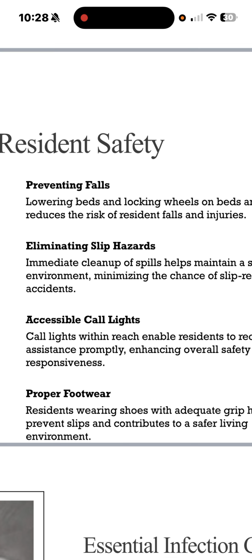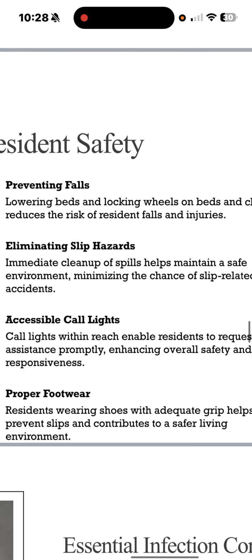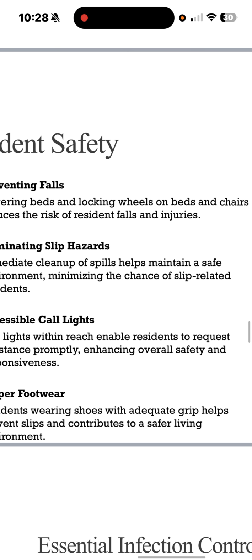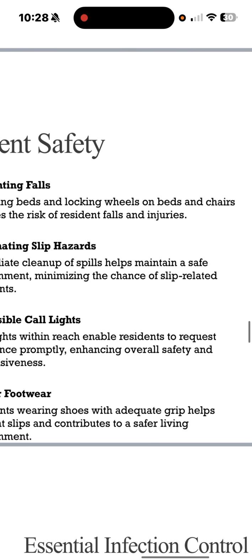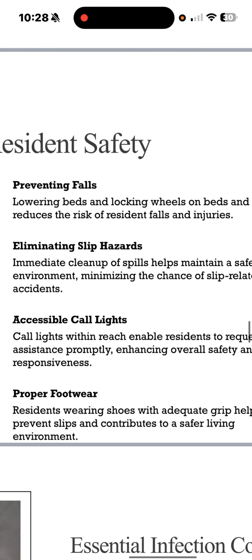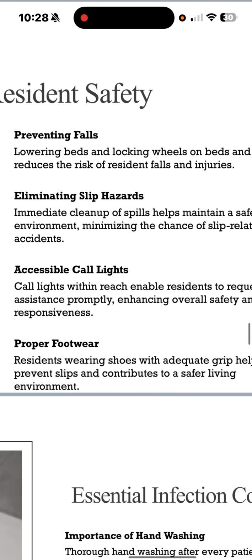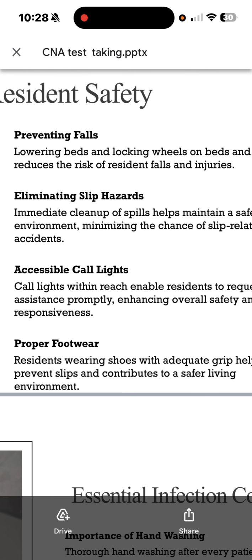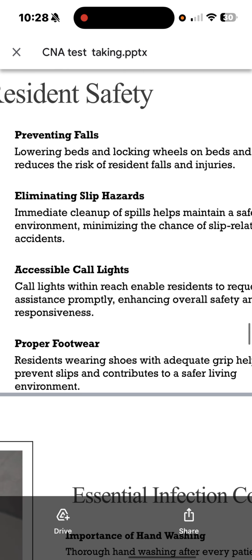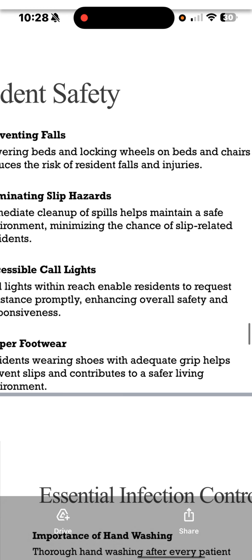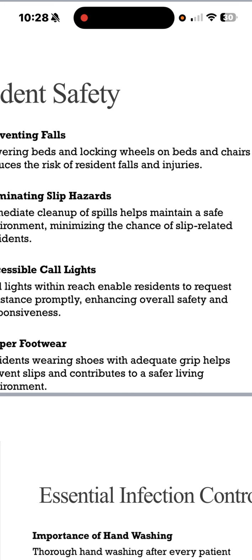Eliminating slip hazards. Cleaning up spills helps maintain a safe environment, minimizing the chance of slip-related accidents. Accessible call light. Call light within reach to enable the resident to request assistance promptly, enhancing overall safety.